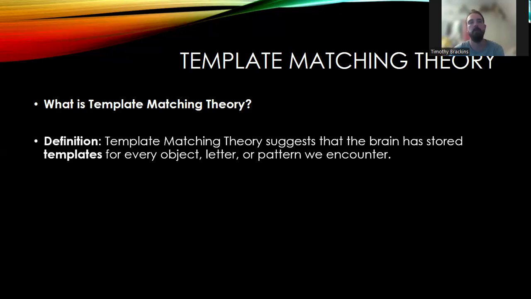So we encounter something, identify what it is, and then our brain stores a template. So just think about that for a moment, if that makes sense to you. If you think the brain works that way, do you think the brain is capable of this, of holding and storing a pattern for every single thing that we encounter in the environment?